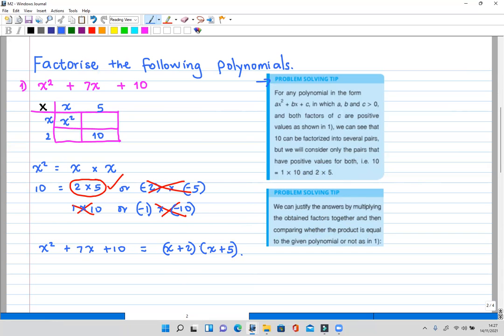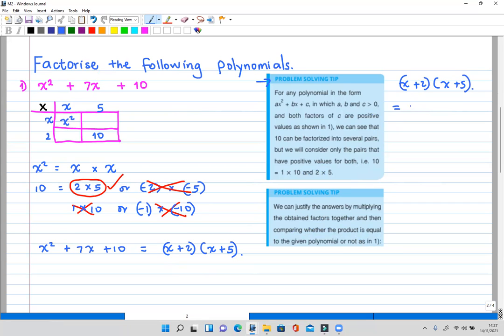So to discover that what we have done is correct, we can get this (x + 2)(x + 5), and we simplify it and see whether we are going to go back to our original question.